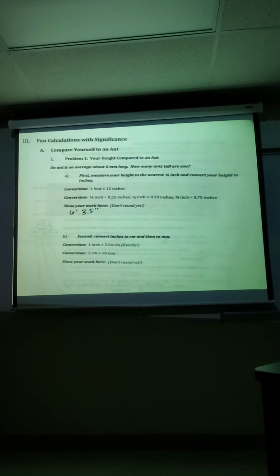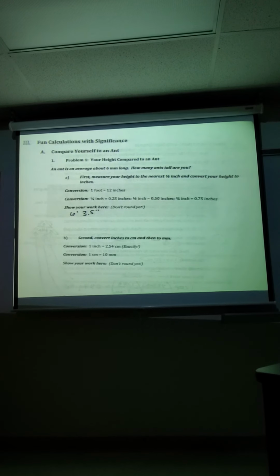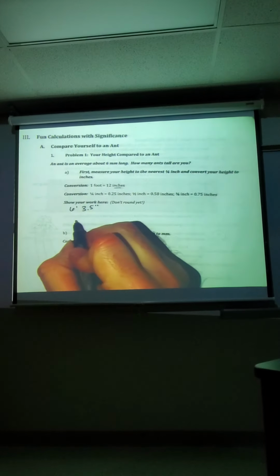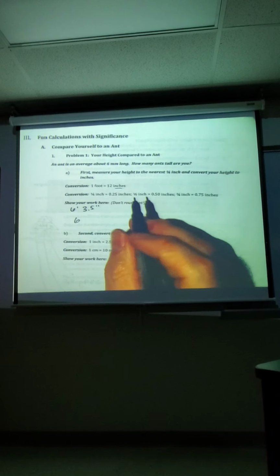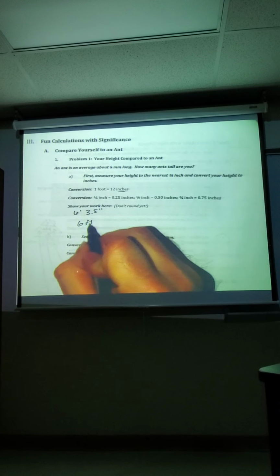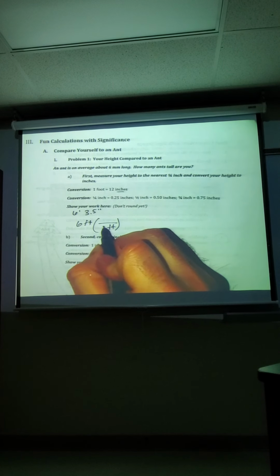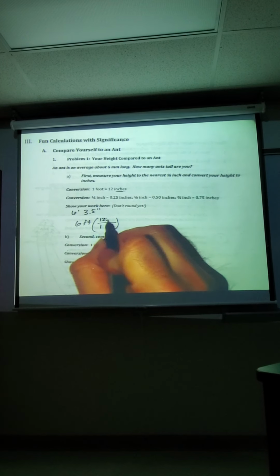So I am 6 foot 3.5 inches in height. In order to do our conversion to ants, we're going to have to get to total inches of height. So for 6 feet, or for 5 feet for most students, maybe, if you're 6 feet, you need to cancel feet. Recognize that there's 1 foot and 12 inches.